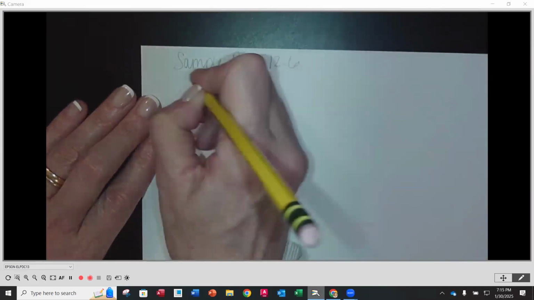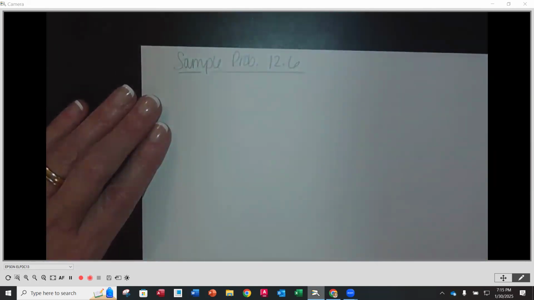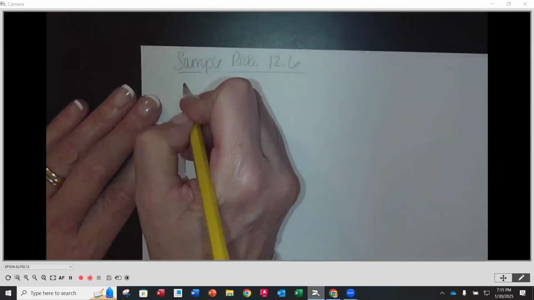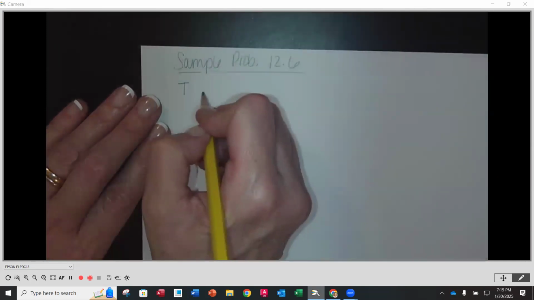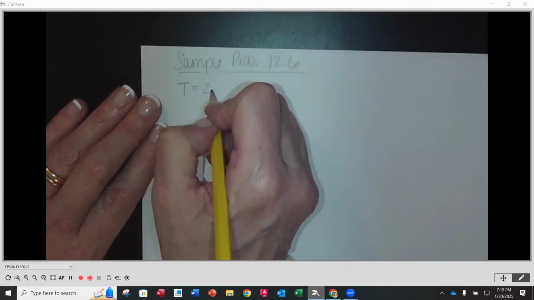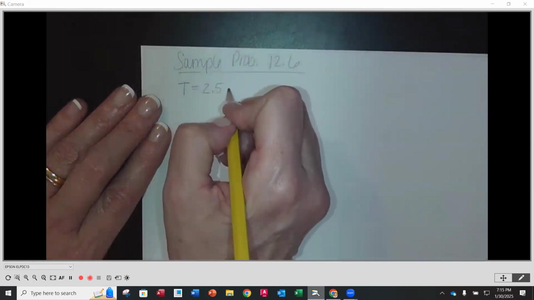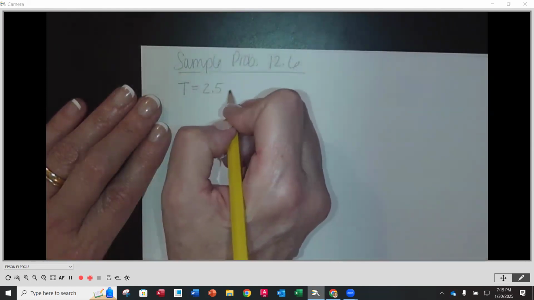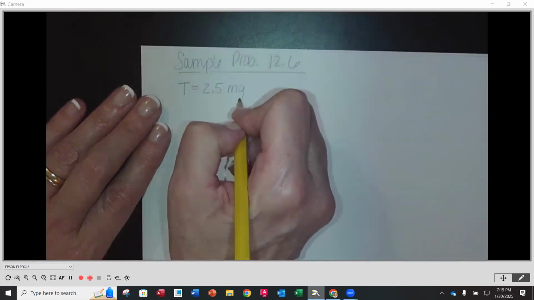problem 12.6. Okay. We know that the tension in that cord, and we'll draw the tension as a force in just a little bit, is 2.5 times the weight. We're going to expand the weight out to be mass times gravity, so it's that full quantity, okay?